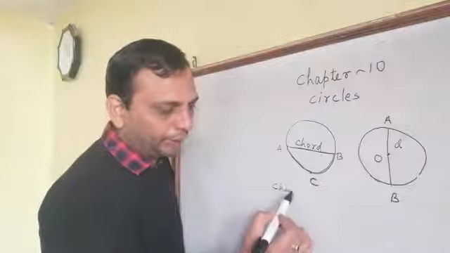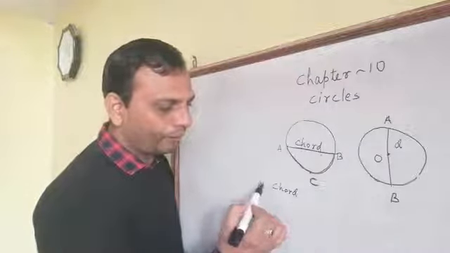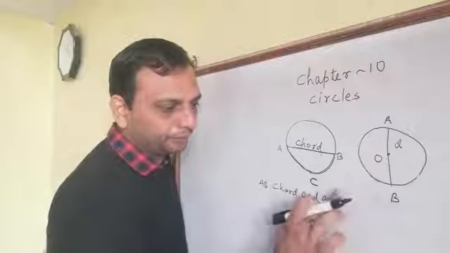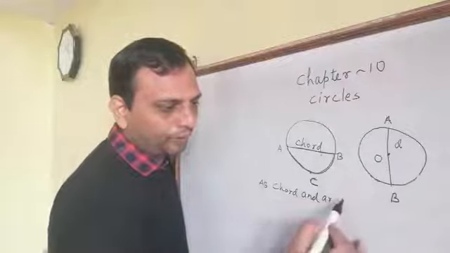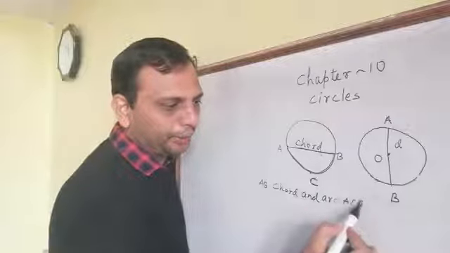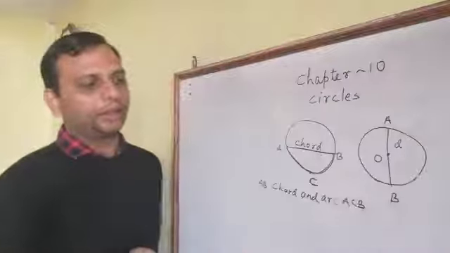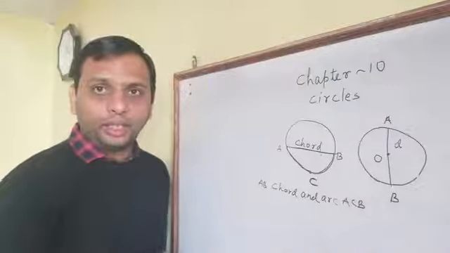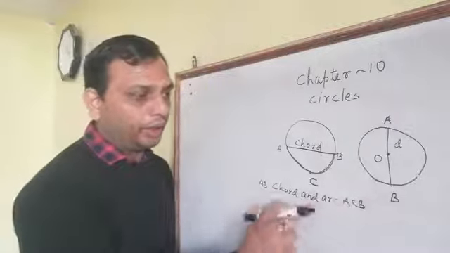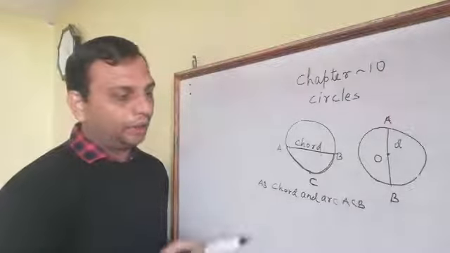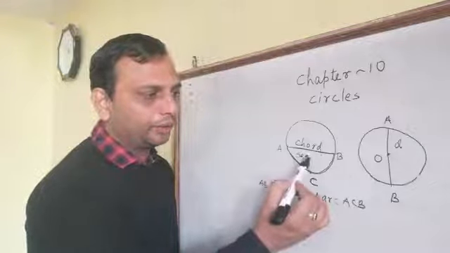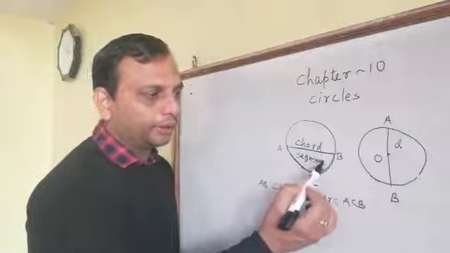So AB is the chord and ACB is the arc. This chord and arc together make the segment.